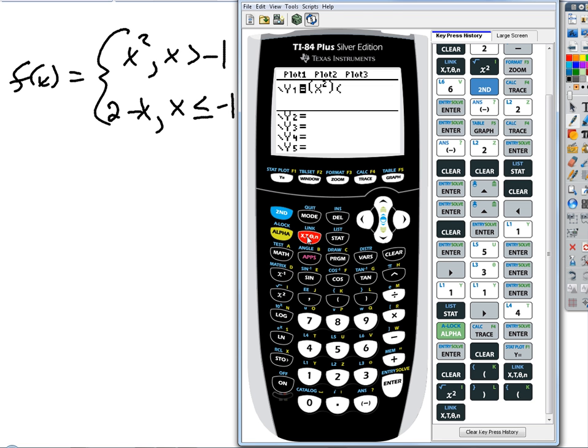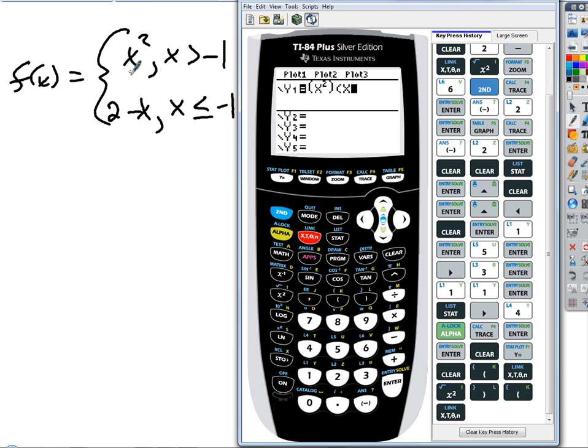How do I do that? Where do I find those symbols? Okay, here's where you find it. It's on the test menu. It's kind of weird that they call it test. But a test in math a lot of times would just be, is a number greater than some threshold or less than some threshold? We're kind of doing a test here. We're testing the x value. If the x value is greater than -1, if it passes that test, then this is the function.